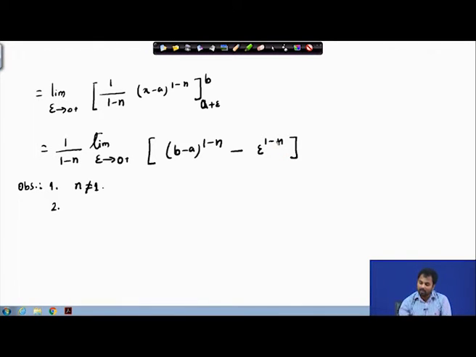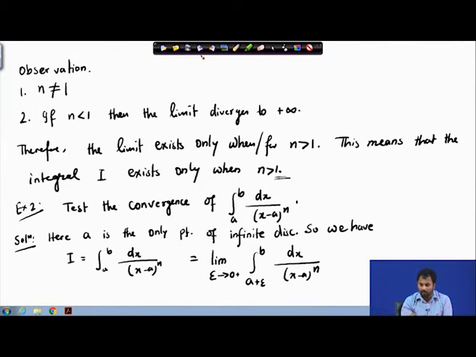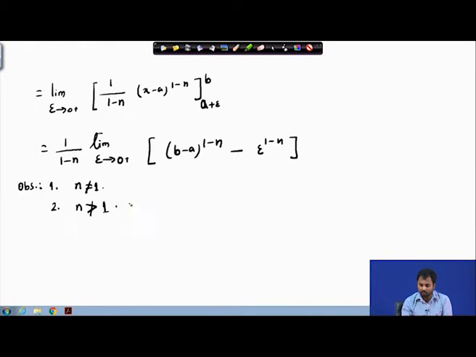So, n cannot be greater than 1, because in that case this limit will diverge to infinity, like we wrote down in the previous example. Now, what happens for n less than 1?